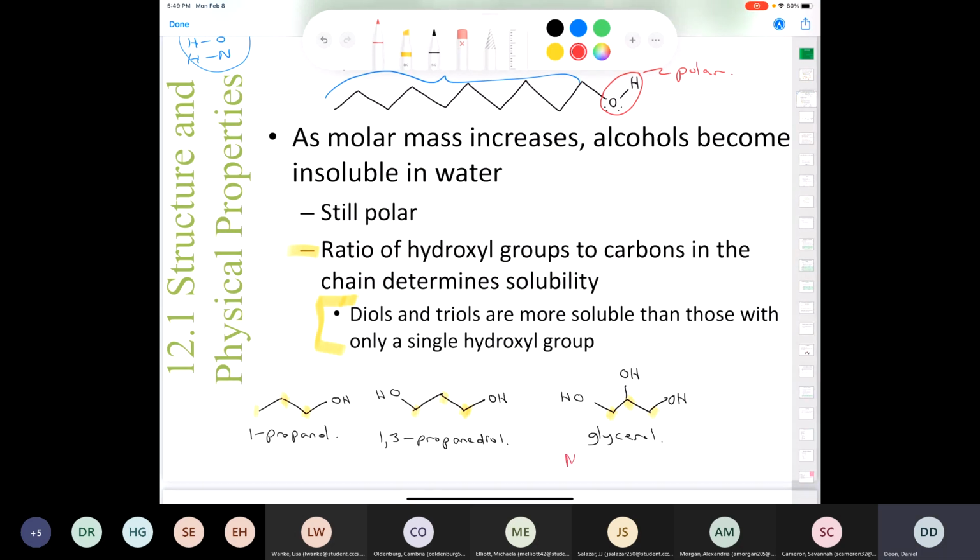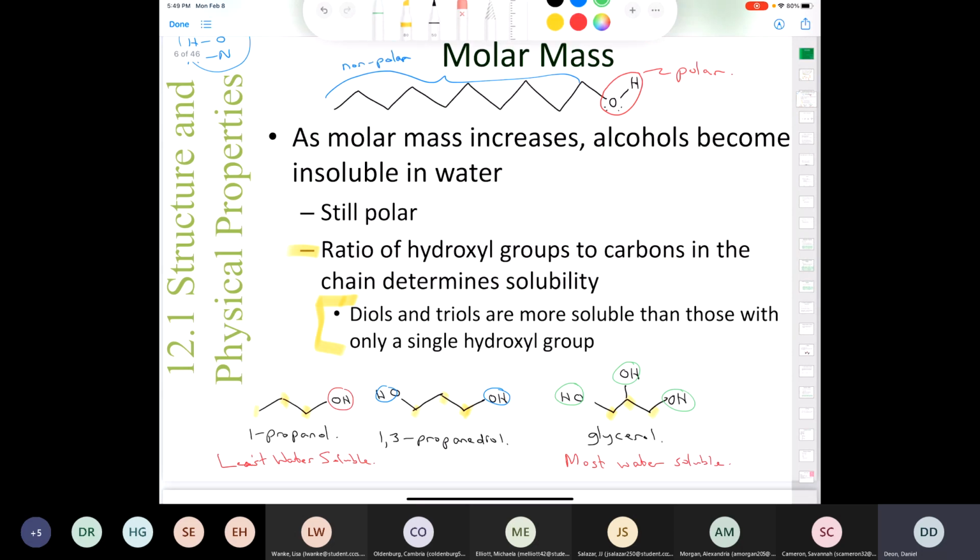Yeah, this one's going to be the most water soluble, and this one's going to be the least water soluble. And the reason why is the ratio of hydroxyls to carbons. The ratio in 1-propanol is 1 to 3. Here it's 2 to 3. And in glycerol, it's 1 to 1, right? 3 to 3 is the same thing as 1 to 1. So the more hydroxyls you have per carbon, the more soluble the molecule is going to become.